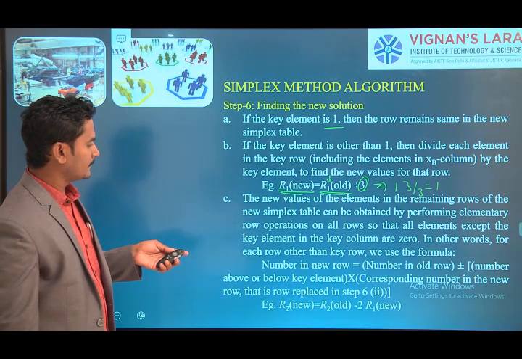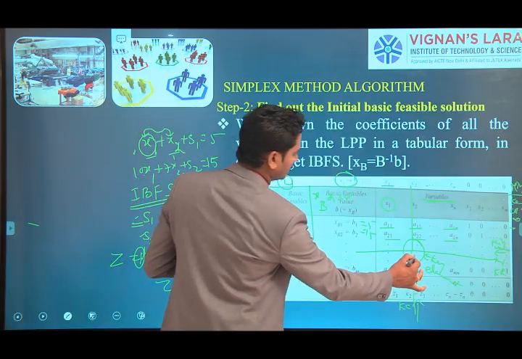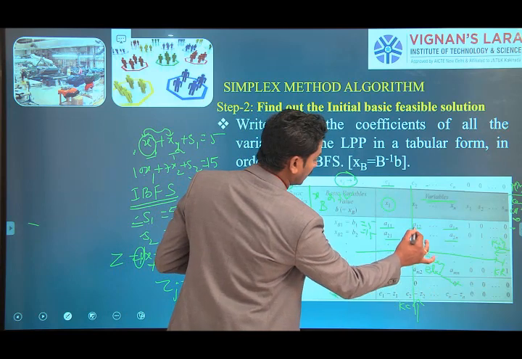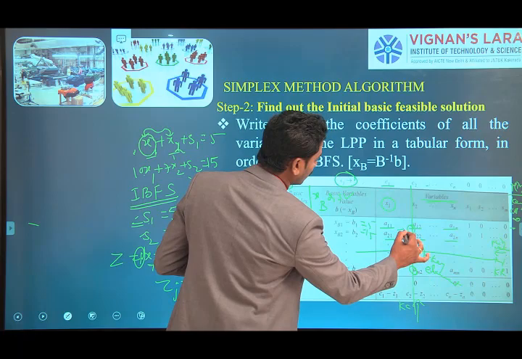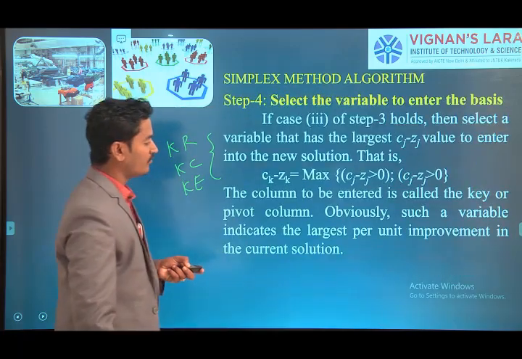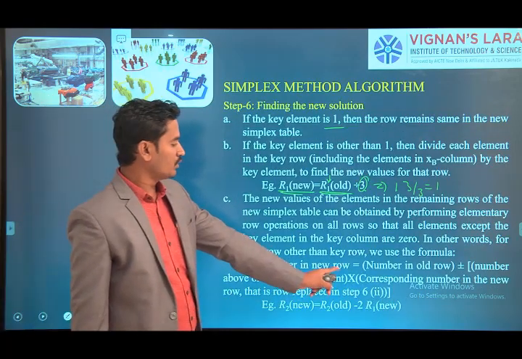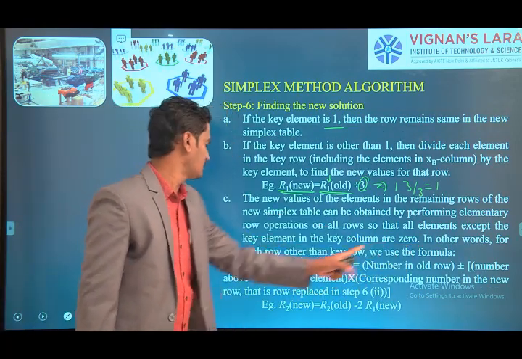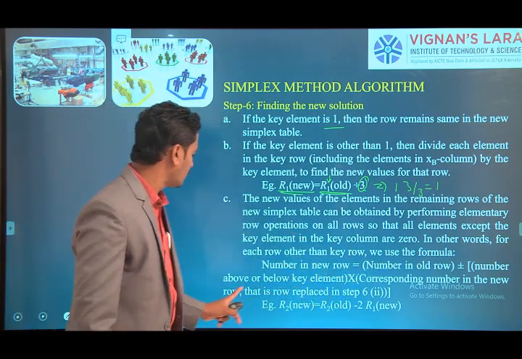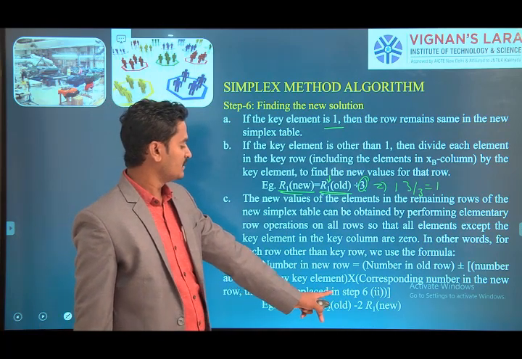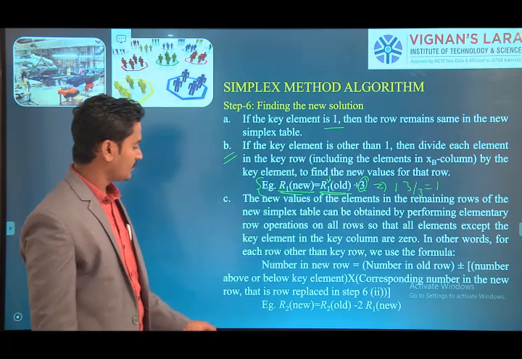Having converted the key element into 1, the remaining values in the key column are converted into 0 by applying the formula: number in new row is equal to number in old row plus or minus the number above or below the key element, multiplied by the corresponding number in the row replaced in step 6.